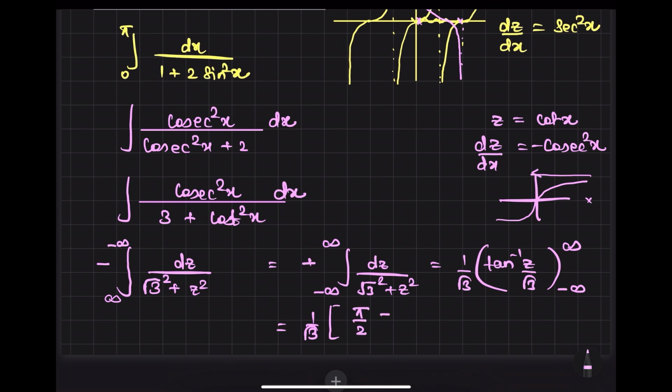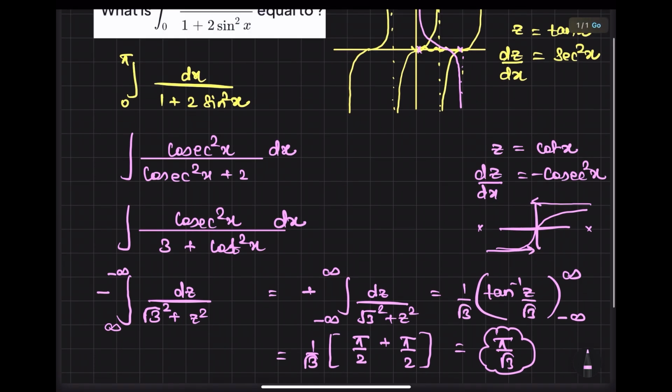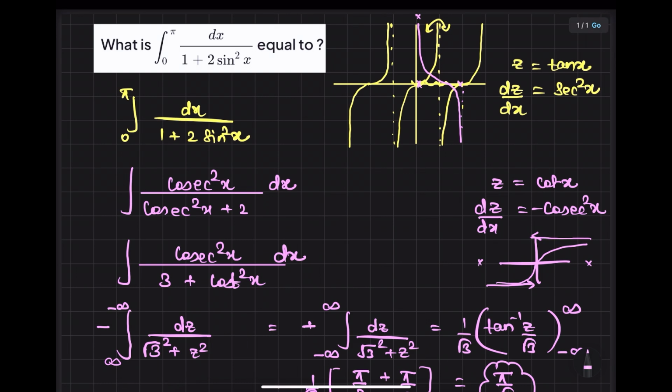So pi by 2 minus, at minus infinity it is minus pi by 2. So minus of minus pi by 2 becomes plus pi by 2. Correct? So the answer will become what? Pi by 2 plus pi by 2 will become pi. So pi by root 3. So this is the required answer for the given question. I hope the idea is clear and you guys can handle similar situations. Okay.